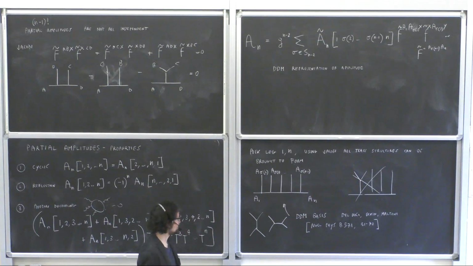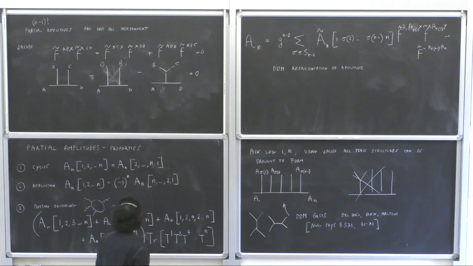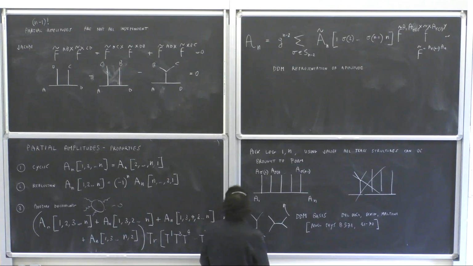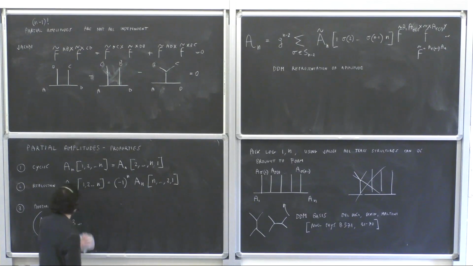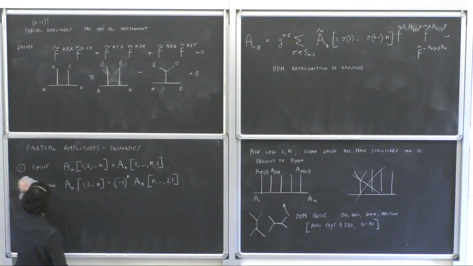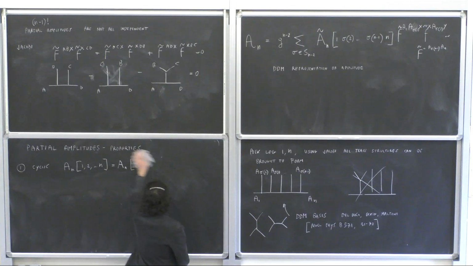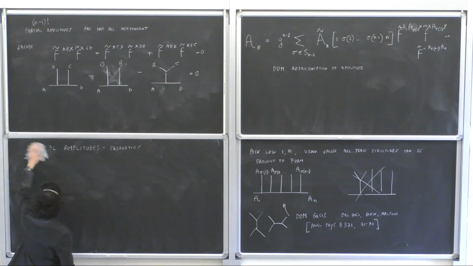Okay, so the last step remains to actually relate these amplitudes, which we have seen in the DDM representation, with the partial amplitudes. And this is done through an observation.